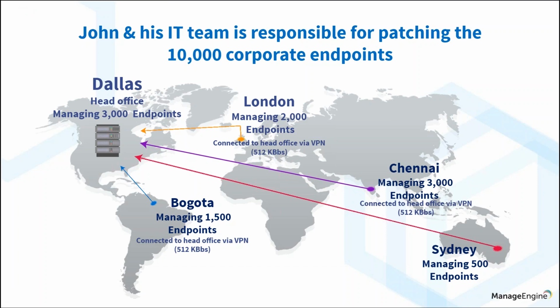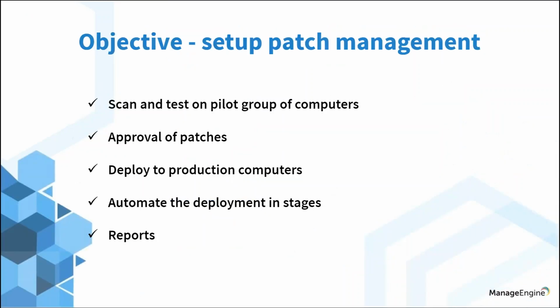So here, John has a few objectives which need to be completed. The first objective here is to scan and test the patches in the pilot environment. Once the testing is done, he needs to approve the tested patches.